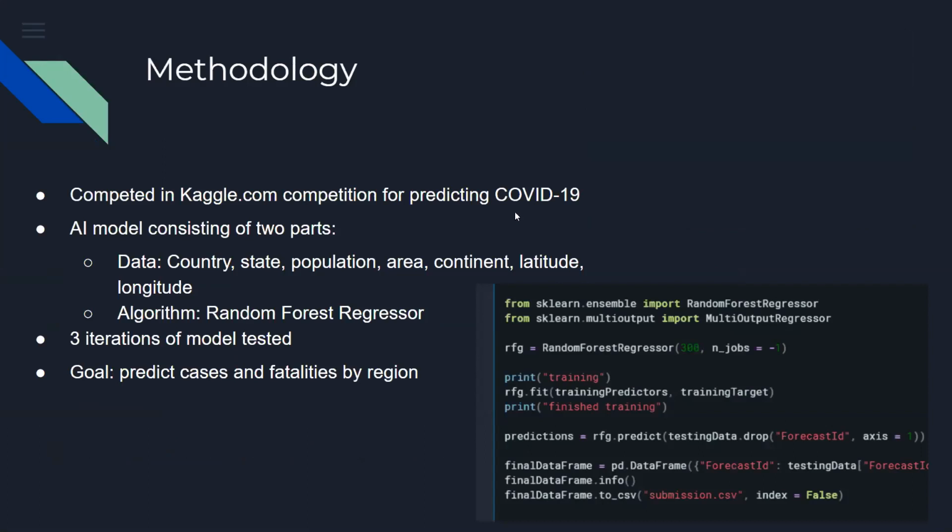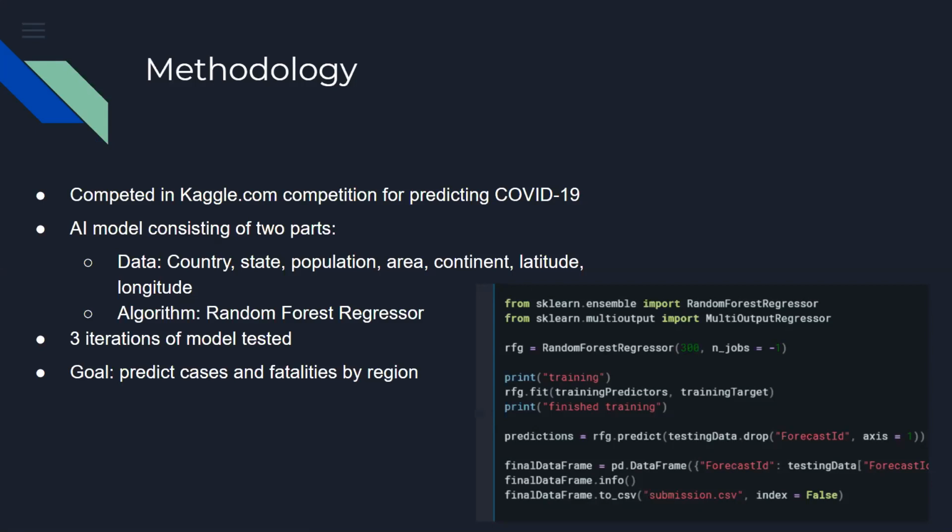For our study, we competed on a website that hosts all sorts of AI competitions called Kaggle.com. The reason we did that is that the website provides a large amount of data that's very easy to use for AI and always from very reliable sources.